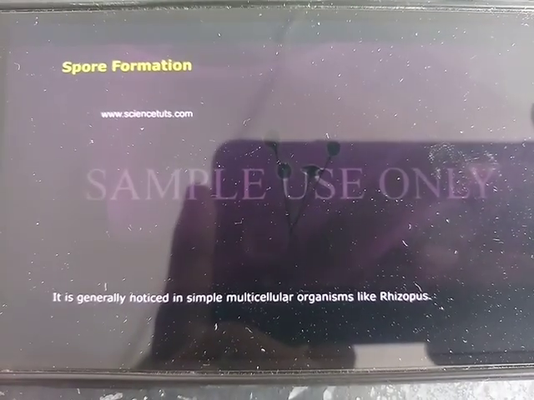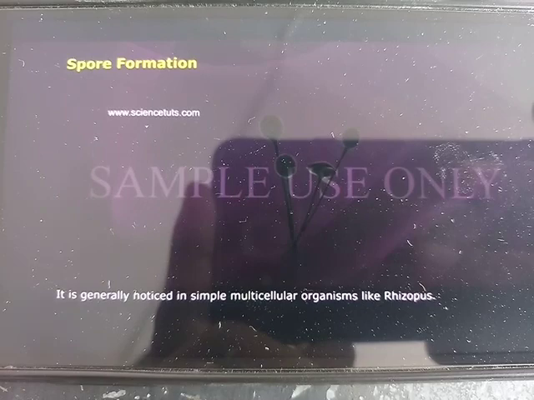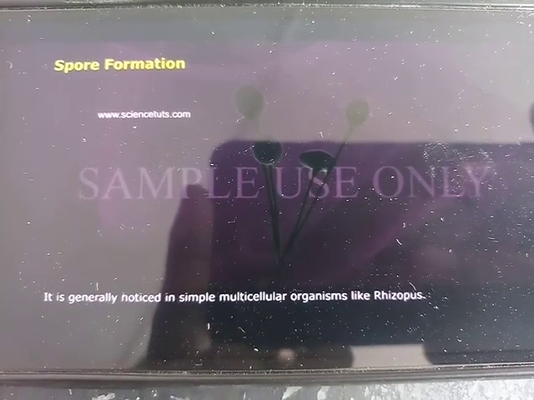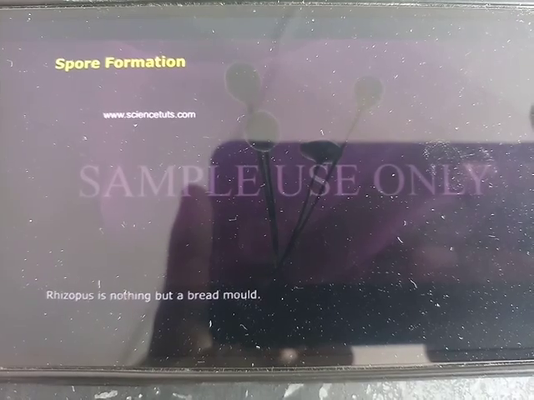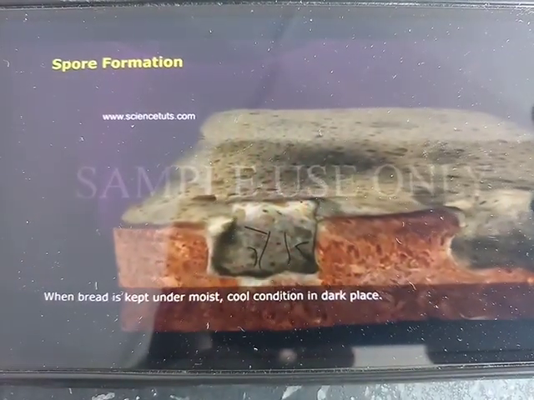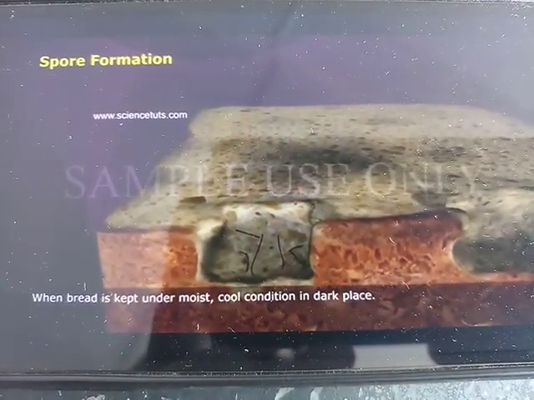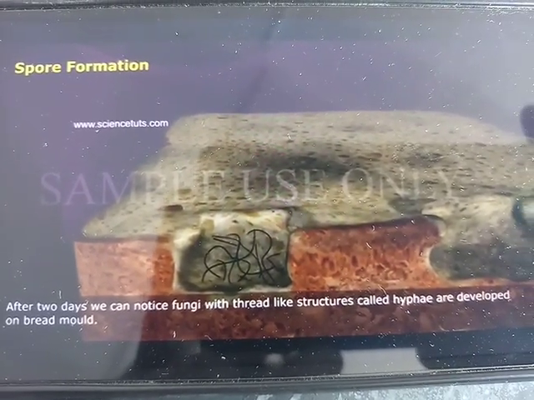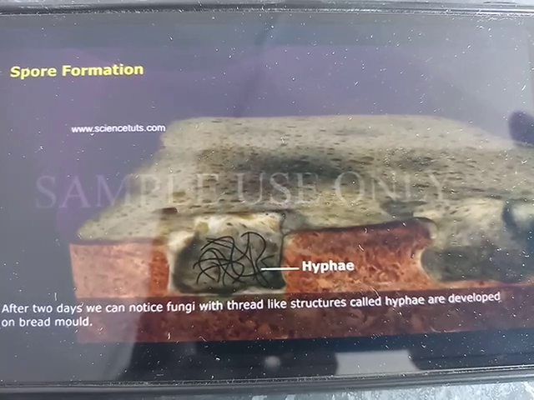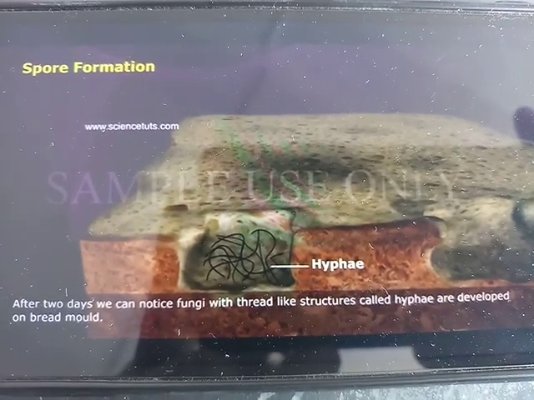The next type of reproduction is spore formation. It is generally noticed in Rhizopus, which is nothing but bread mold. When bread mold is kept under moist, cool conditions, after 2 days we can notice fungi with thread-like structures called hyphae developed on the bread.